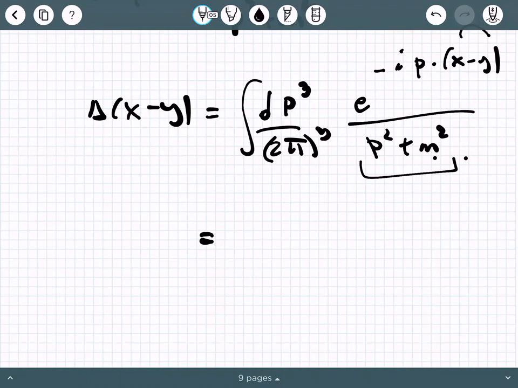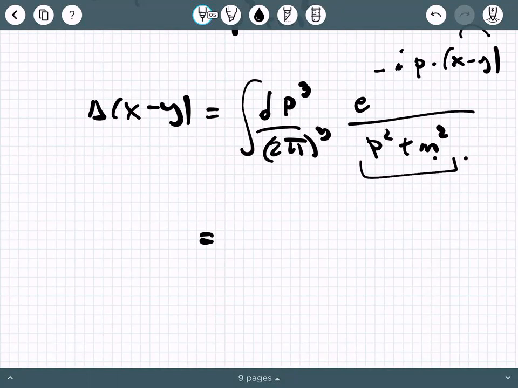If it's not completely immediate to you, let me show you what happens if m goes to 0. This is the inverse of a sort of Coulomb term, right? This would be the Coulomb term when m goes to 0, because the Fourier transform of the Coulomb is 1 over p squared, right? Now, this is like a Coulomb term with the mass of the photon. So it's a propagator of a massive particle.